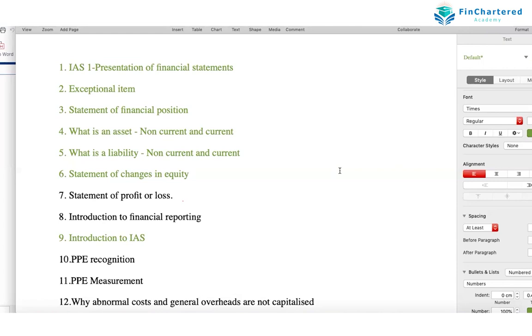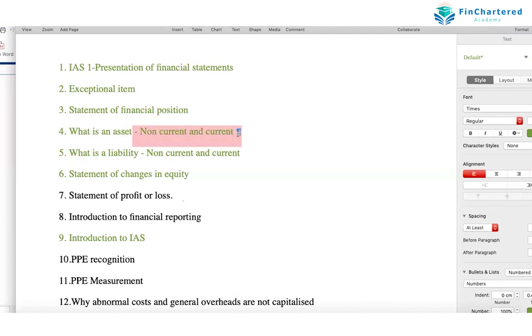I mentioned statement of financial position is a piece of paper that is only answering 3 questions. The 3 questions are: what assets do you have, current and non-current both? Second question is: what is the equity? And third question is: what are the liabilities? Then I went further and explained what is an asset. Asset is basically a resource that you own or control.